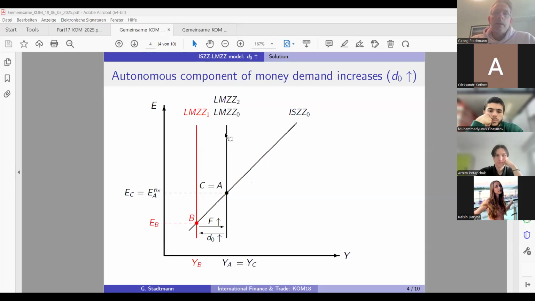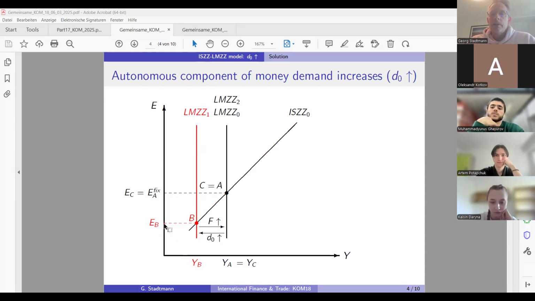In a first step, the LM curve shifts to the left because the autonomous component of money demand increases. In a floating exchange rate system, the economy would end up in a recession caused by an appreciation of the domestic currency. Central bank has to intervene in the foreign exchange market, is printing new domestic money and is buying reserves because the domestic currency is strong.